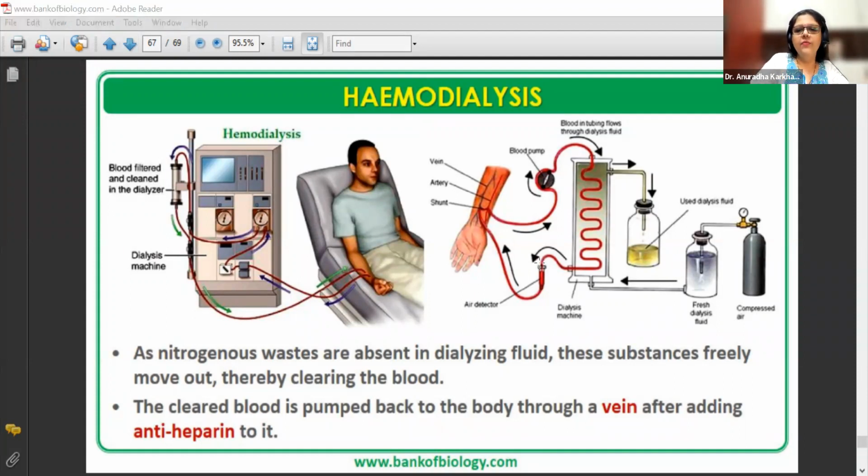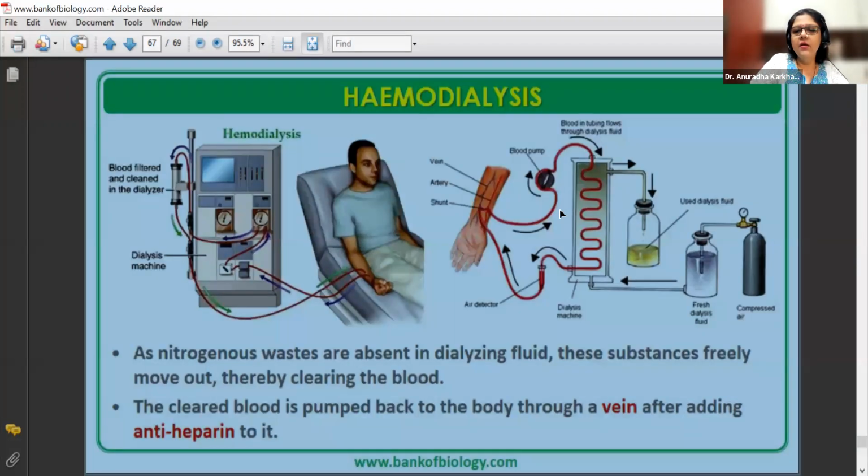Yeah, look at this. So here, this is the artery. Okay. It's moving, right? Again going into the vein, added into the vein. Fresh dialyzing fluid, and this is compressed air. Okay.